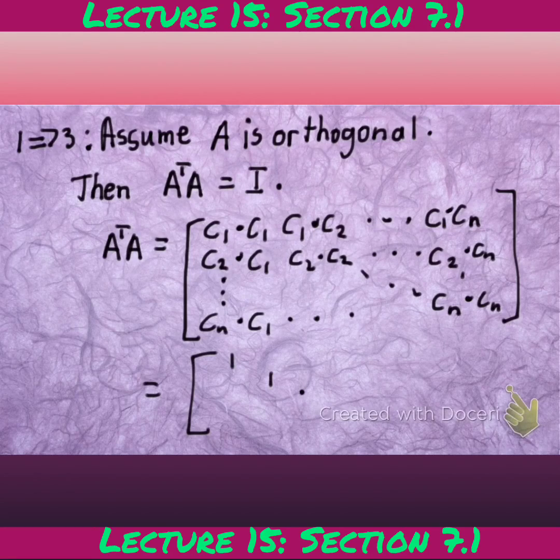So there we get the identity matrix, and again by the same argument, this is going to imply that the set of column vectors is going to be an orthonormal set of vectors.